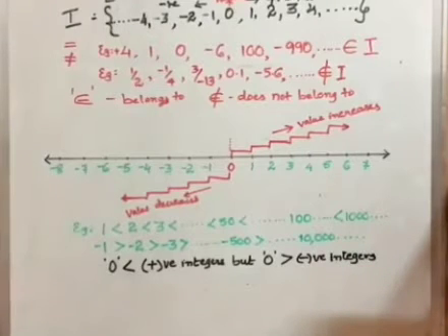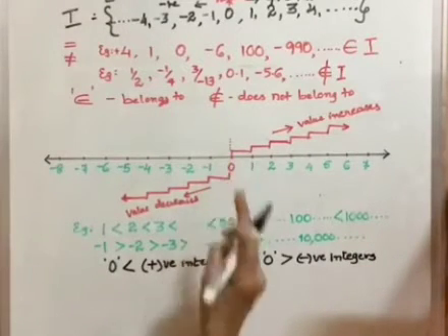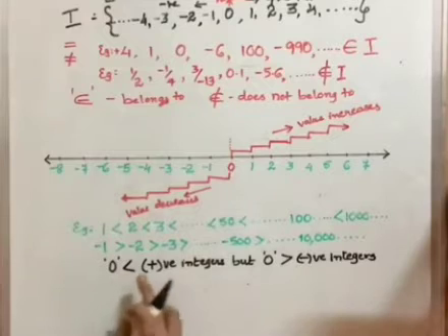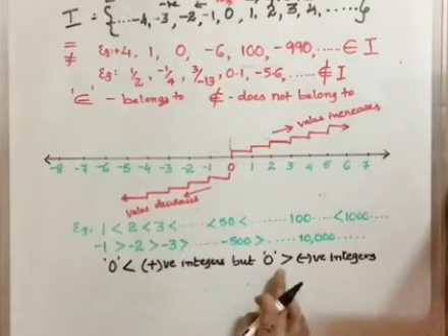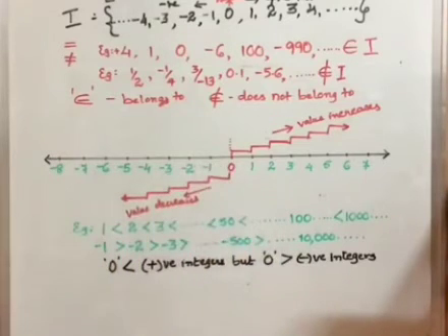Is it clear, children? 0, which is neutral, is less in value compared to all the positive integers, but it is greater than all the negative integers.